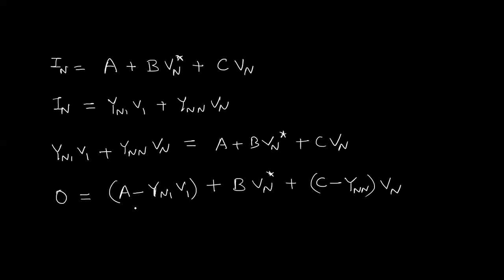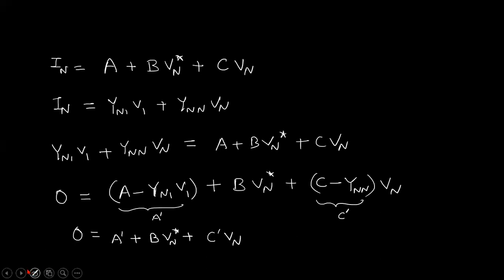So let us write 0 equal to, let us write this as A dash, let us write this as C dash. So that becomes A dash plus B Vn conjugate plus C dash Vn. And since this is a complex number, we can represent that in the form of real and imaginary. So let us split that into real and imaginary.